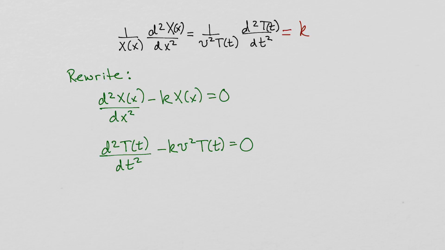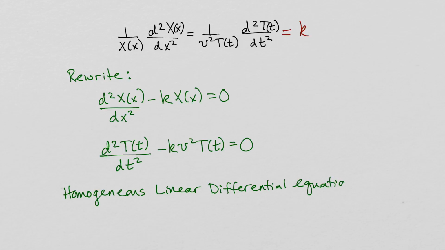Now, one additional thing we want to note with these two equations is these have a very specific form of equation. These are known as what we call homogeneous linear differential equations with constant coefficients.